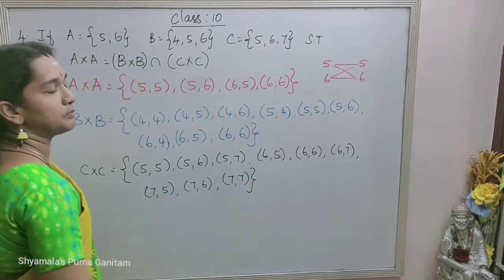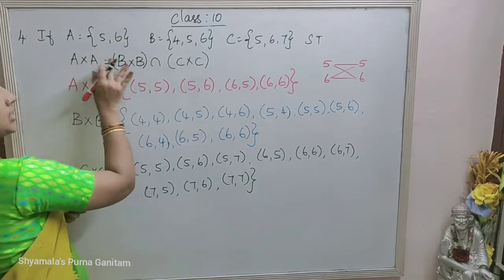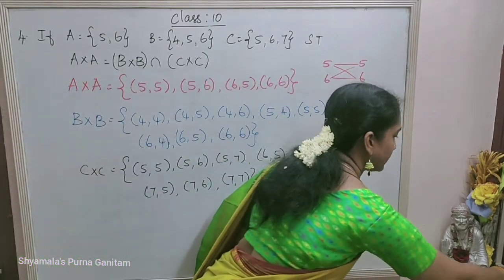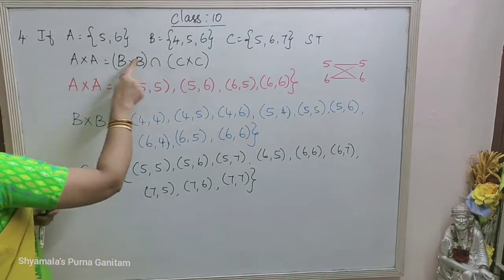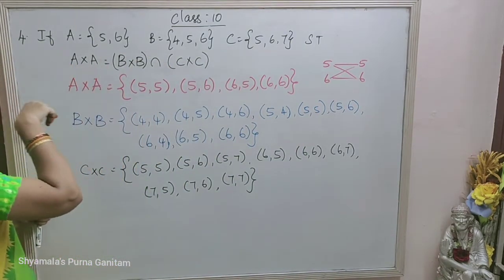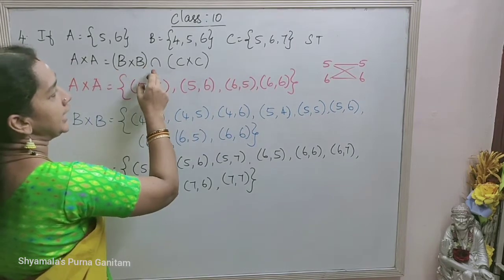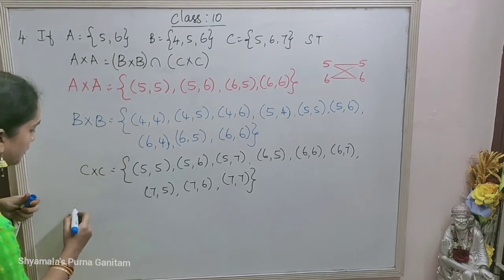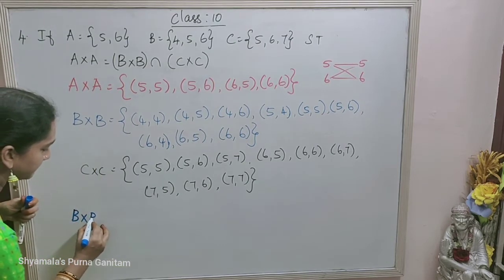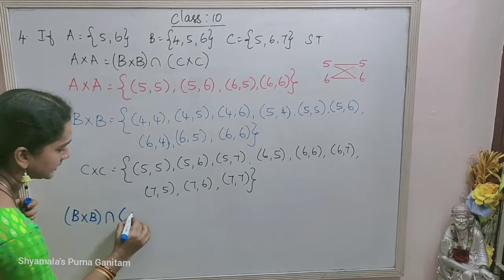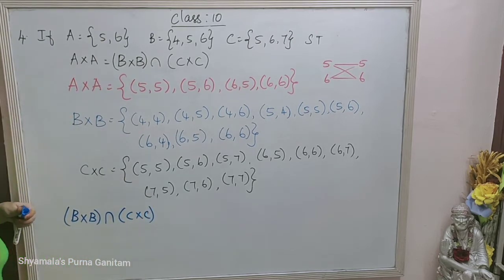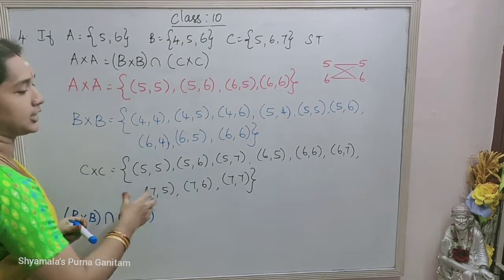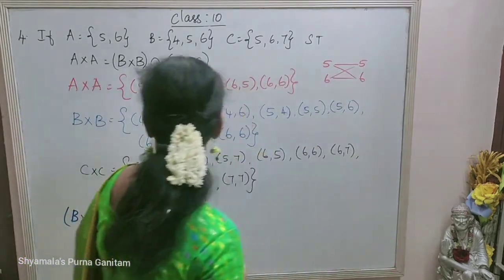Now we have found all that is given. After this we will do the given question, that is, A cross A is equal to (B cross B) intersection (C cross C). We are asked to find the intersection of B cross B and C cross C, so we will check the intersection of both these sets.